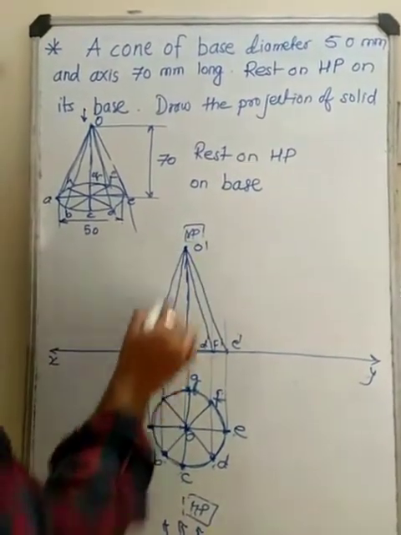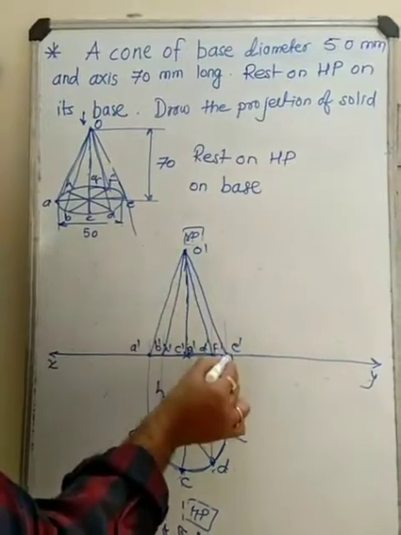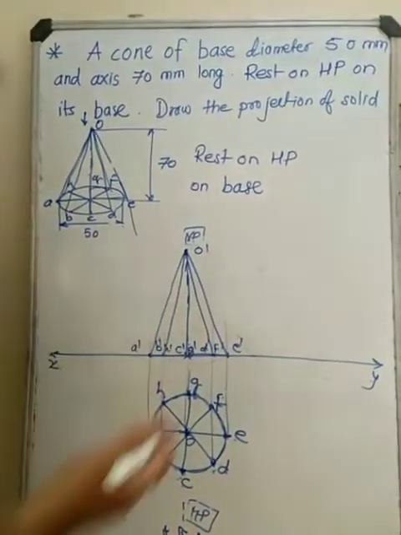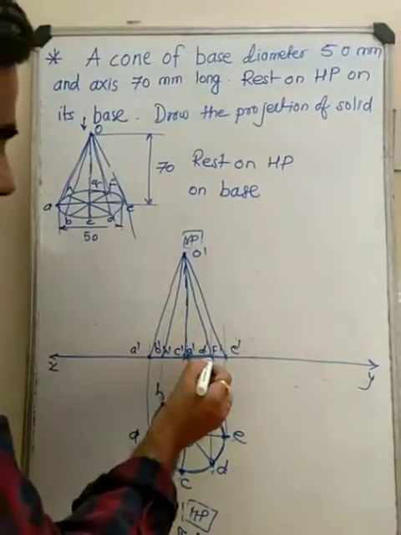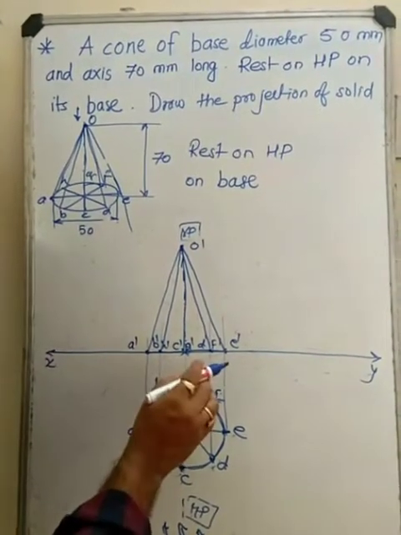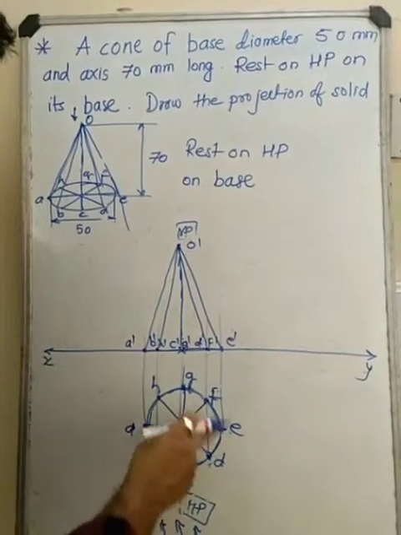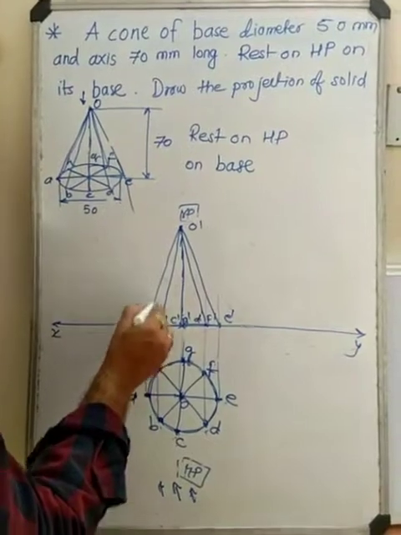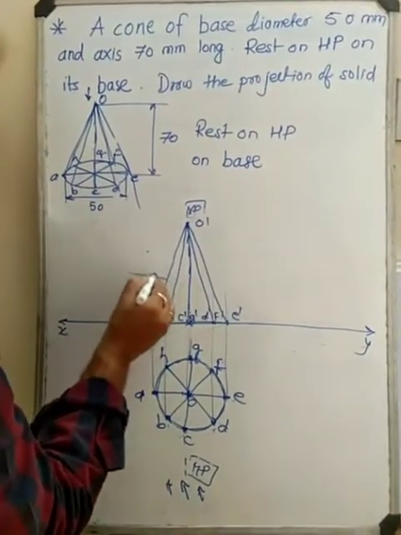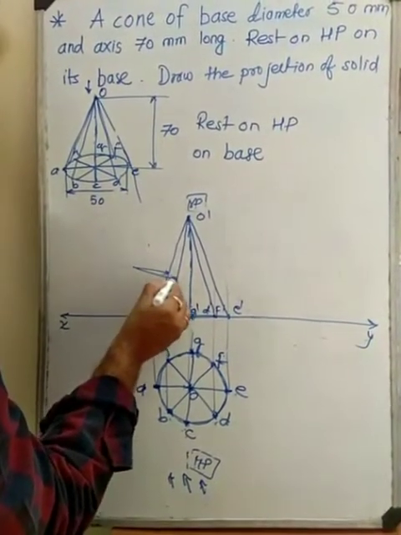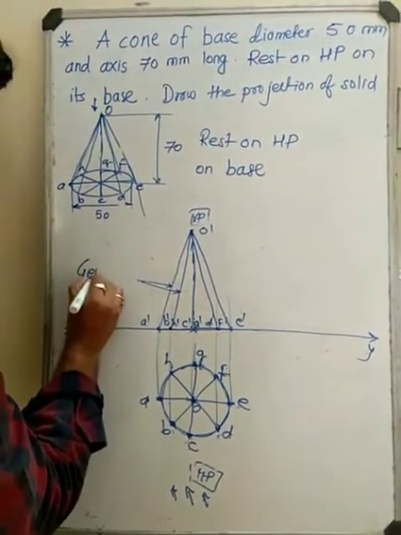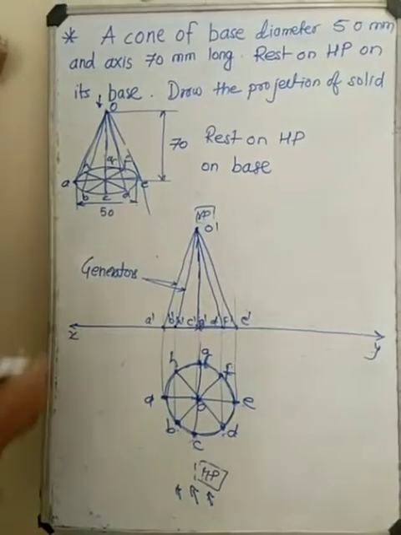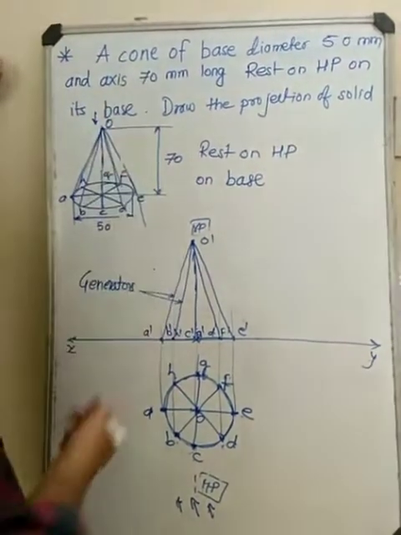So here OA, OB, OC, OD, OE are visible, and OF, OG and OH are not visible because these lines are overlapped by the other generators. These all are the generators. So this is how to project the cone, which is a solid of revolution.